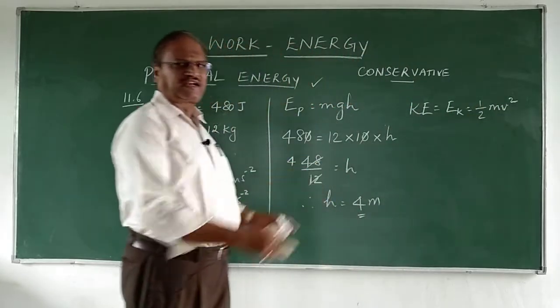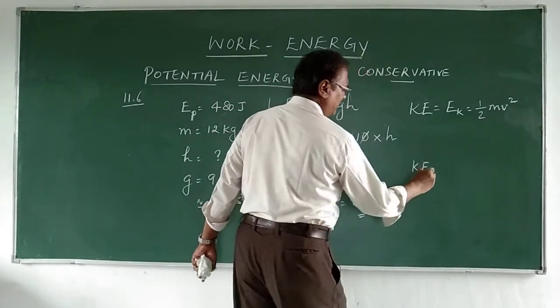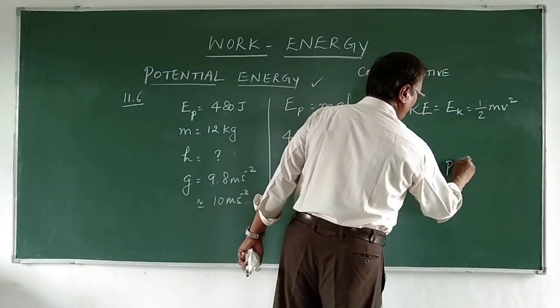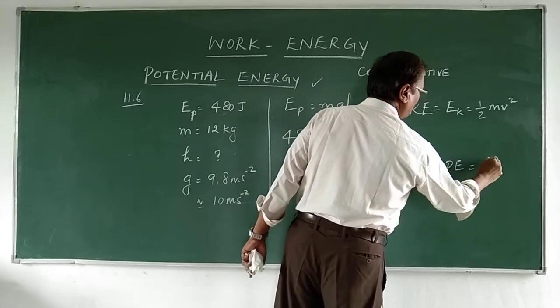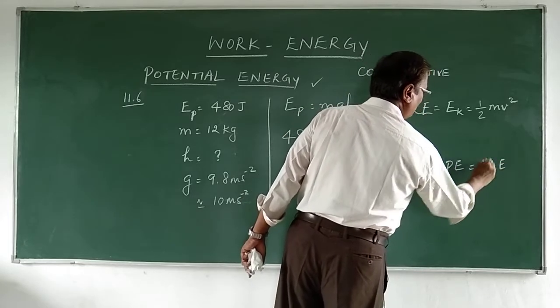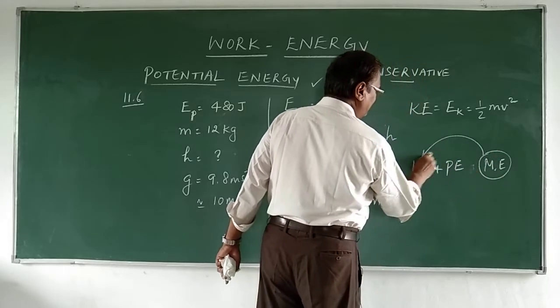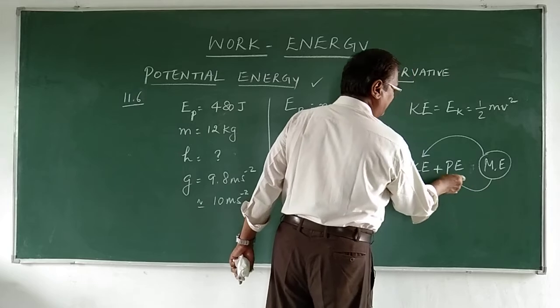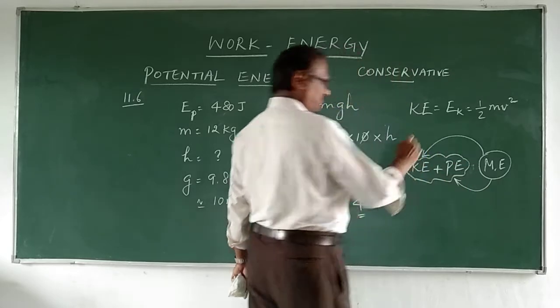So they are all interrelated. Together, the kinetic energy of the body and potential energy of the body, the total energy, is called mechanical energy. The mechanical energy can be either potential energy or kinetic energy, and the total energy will give you the value of it.